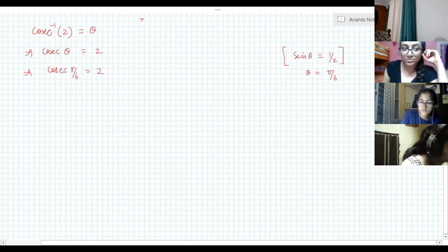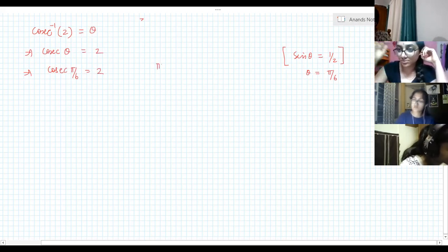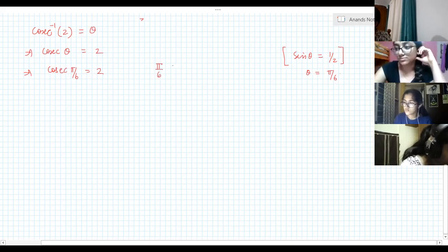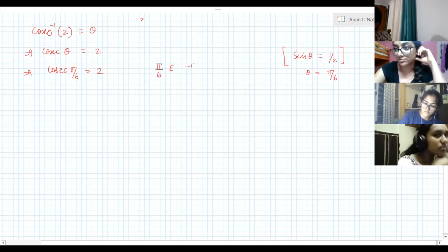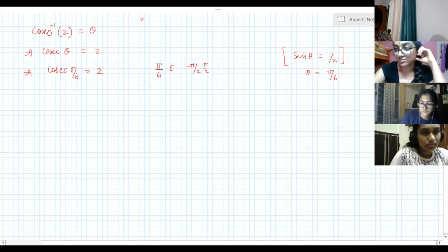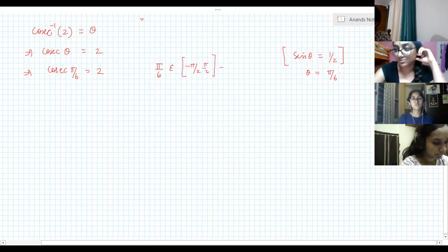And then you verify. This pi by 6, does it fall under the restricted domain? What is it for cosecant? It is going to be between minus pi by 2 to pi by 2 without the 0, isn't it? I didn't get a 0, so I am cool.